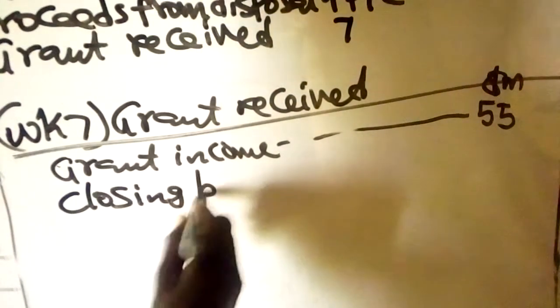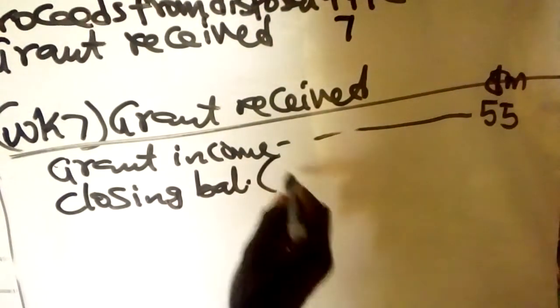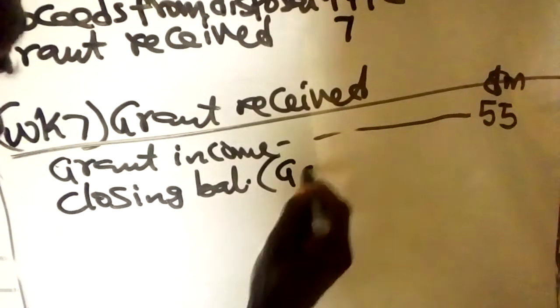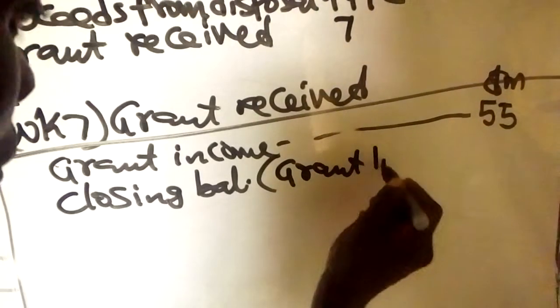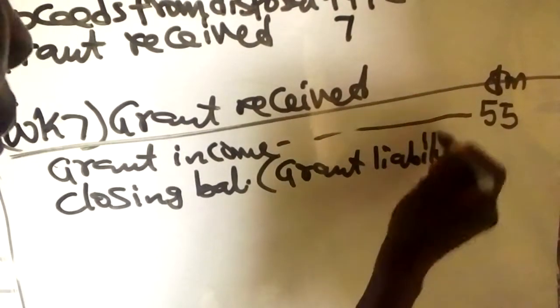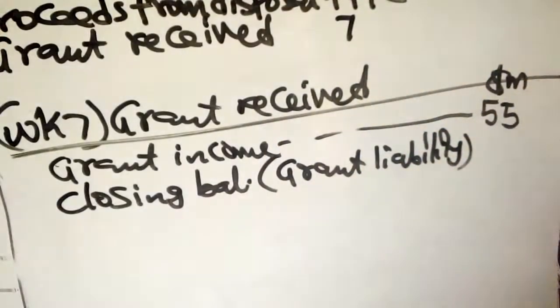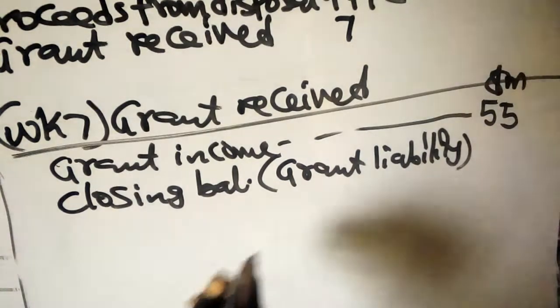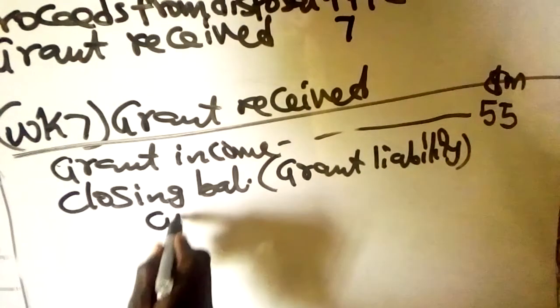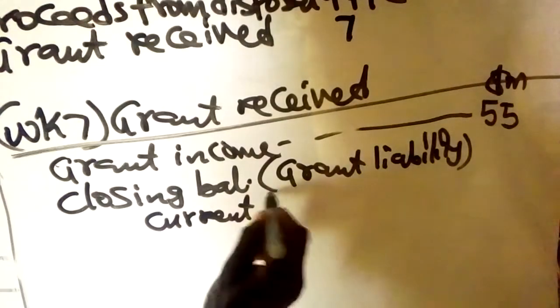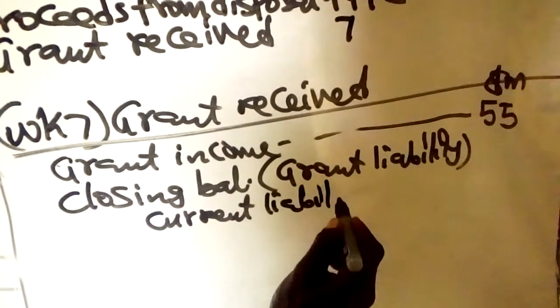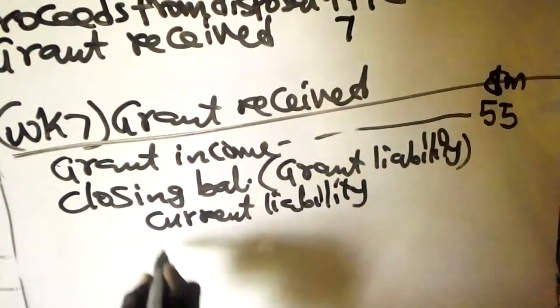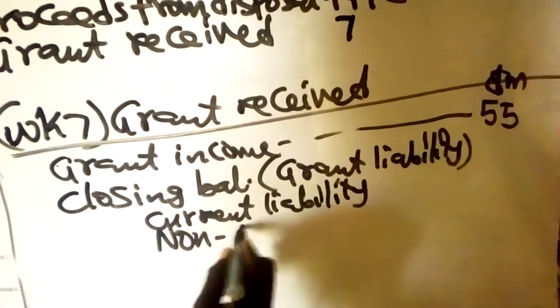Closing balance, that is grant liability. Then we have the one under current liability, and the one under non-current liability.